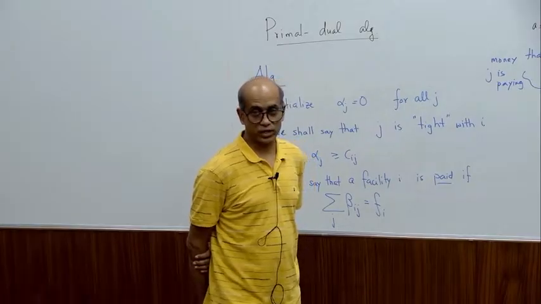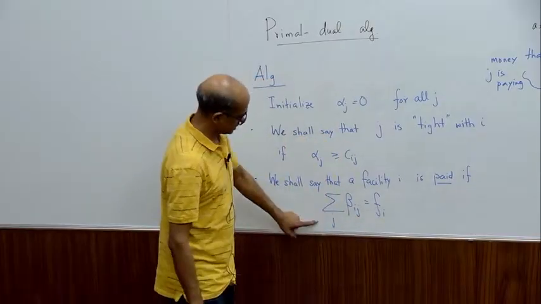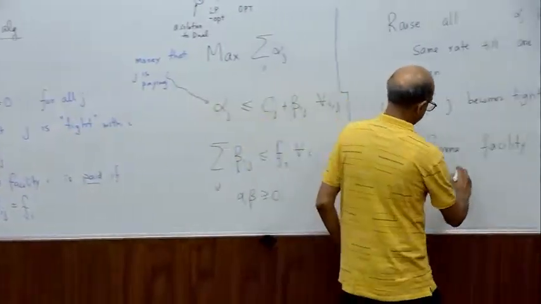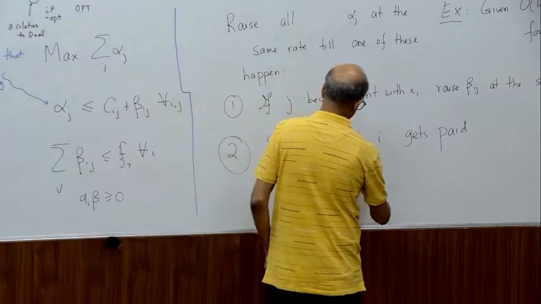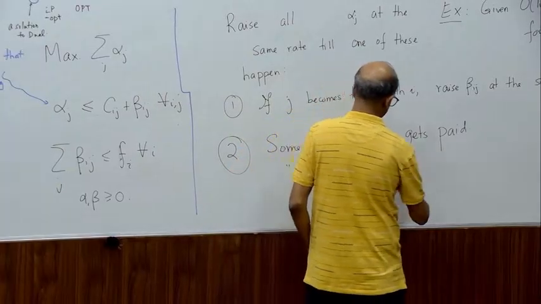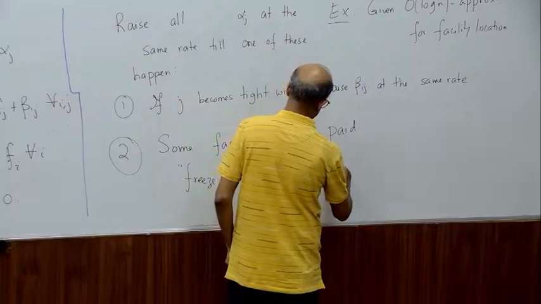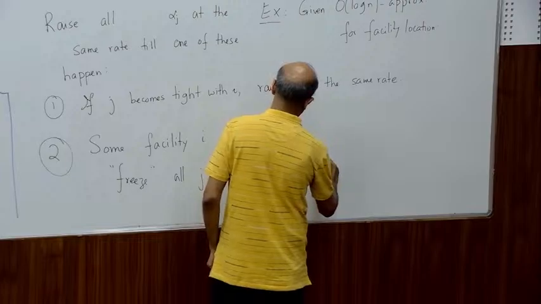That's not allowed. Why? Because if you are raising those alpha j's, you will have to raise beta ij, but beta ij is already frozen now. So freeze all the demands that are tied with i.